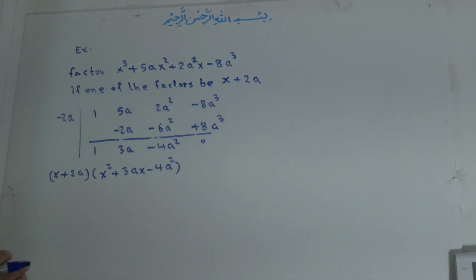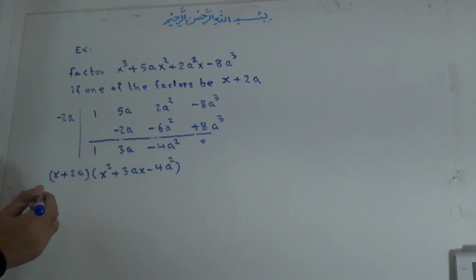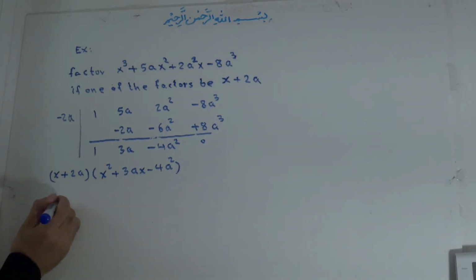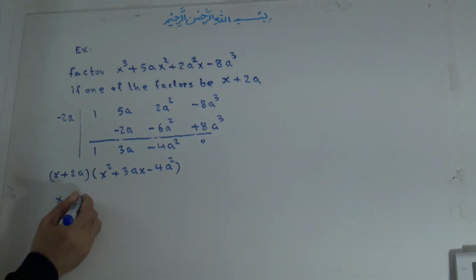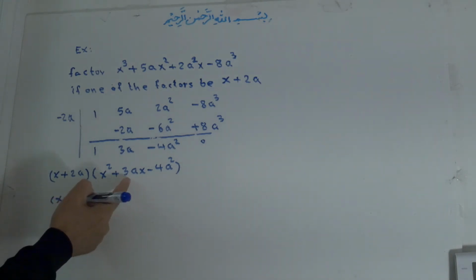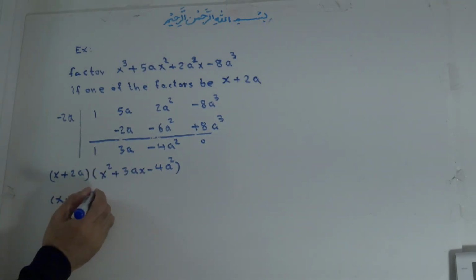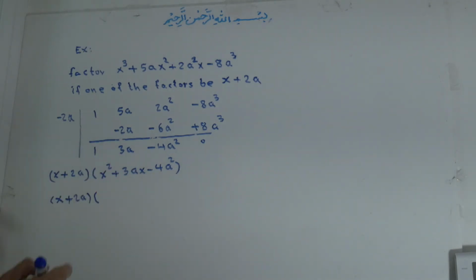Now we can factor this into two factors like this. We find two numbers whose sum is 3 and whose product is minus 4.